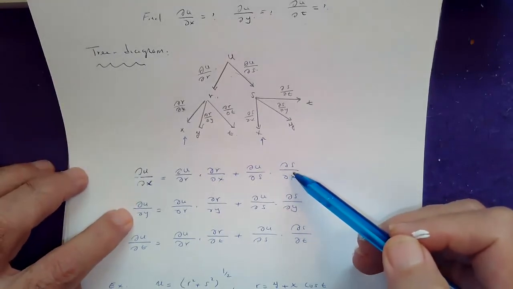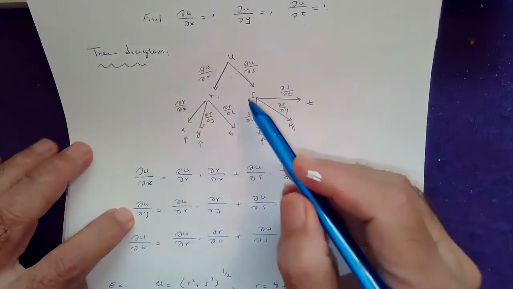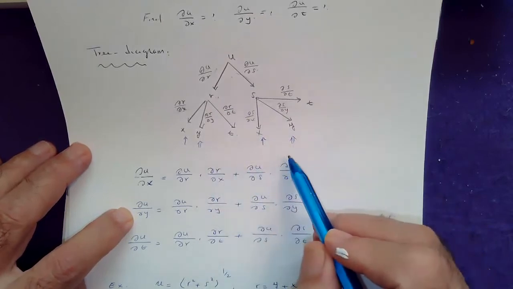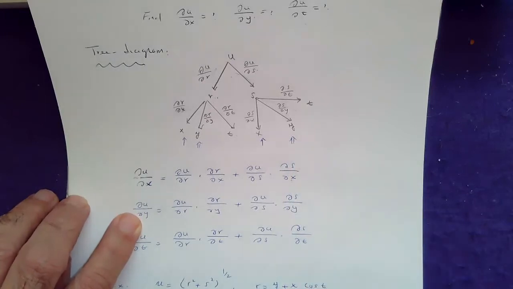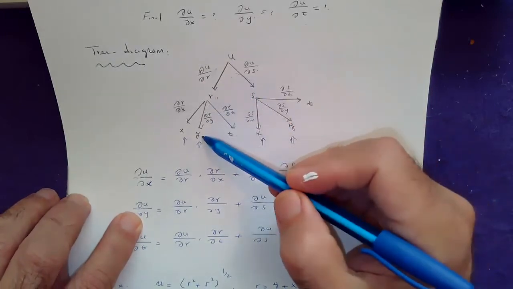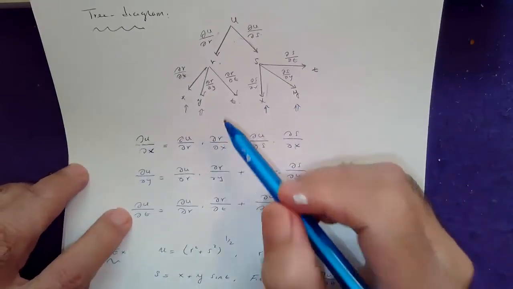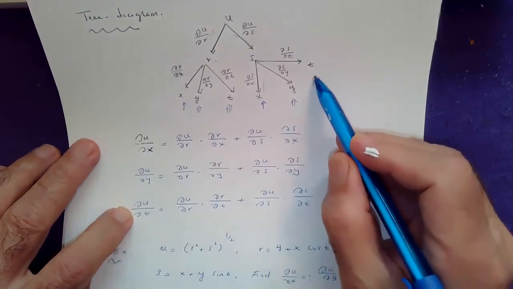Similarly, for the partial derivative of u with respect to y, go from top to bottom and look for branches which end with y, because you're trying to find the partial of u with respect to y. So multiply these branches and add them up. Similarly for the partial derivative of u with respect to t.